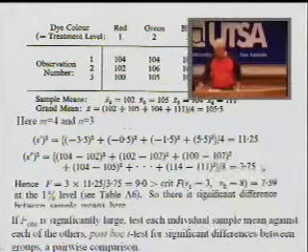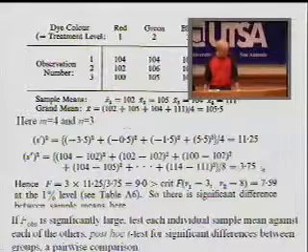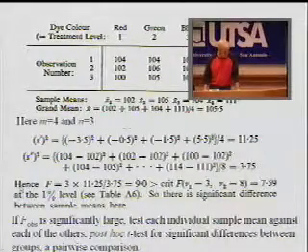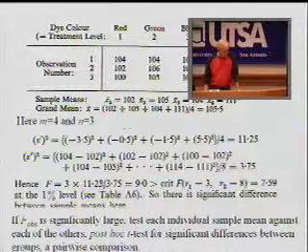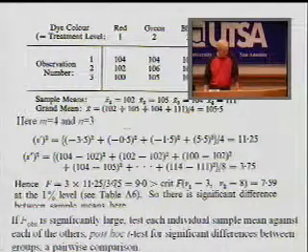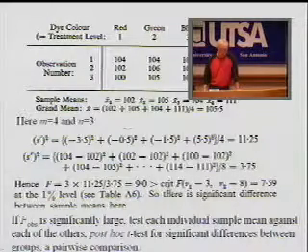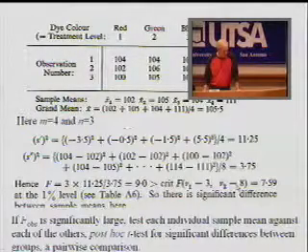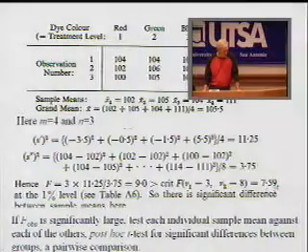I'm not going to read all the numbers in the formula for you, obviously. Hence, F equals 3 times 11.25 divided by 3.75 equals 9, which is greater than the critical value for F, V sub 1, which is 3, and V sub 2, which is 8, equals 7.59.